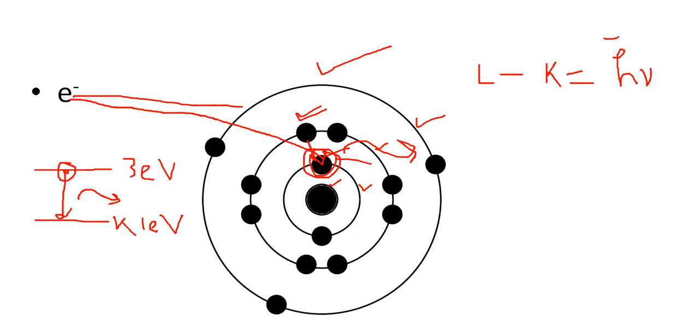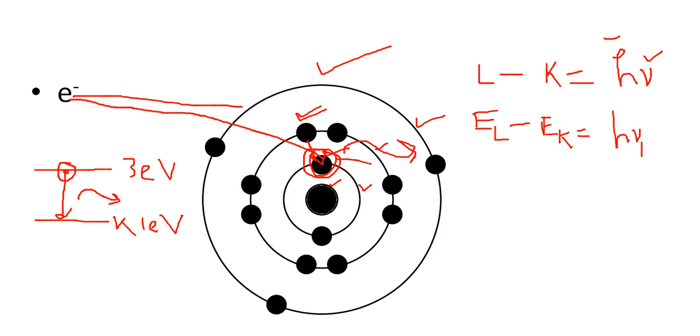Here h is Planck's constant, nu is the frequency of the X-rays. So this is given as EL, that is energy of the L shell, minus EK, that is energy of the K shell, and this equals h nu.